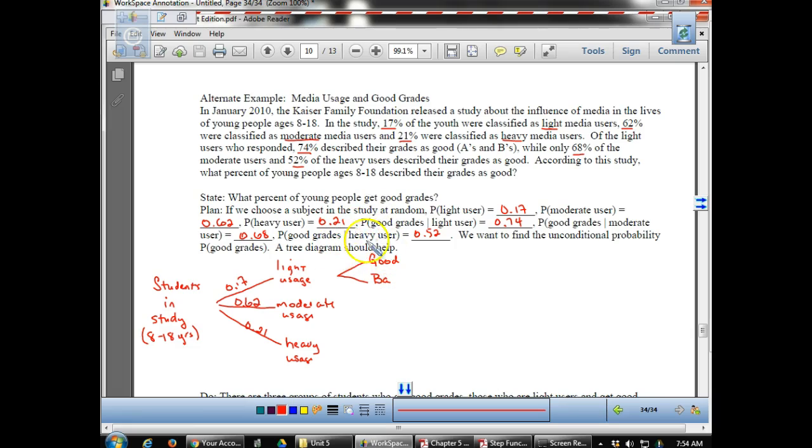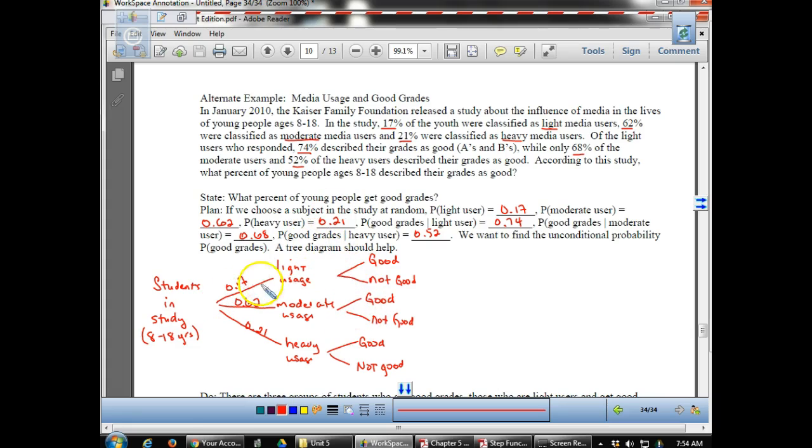Then, if you're a light user, I'm just going to say good grades, not good. And then same thing here, good, not good, good, and not good. And these are all conditional probabilities.